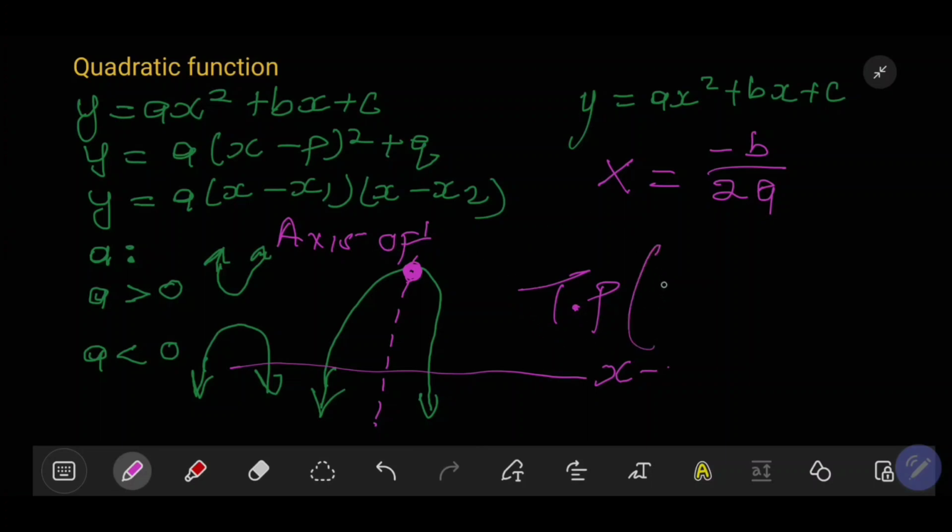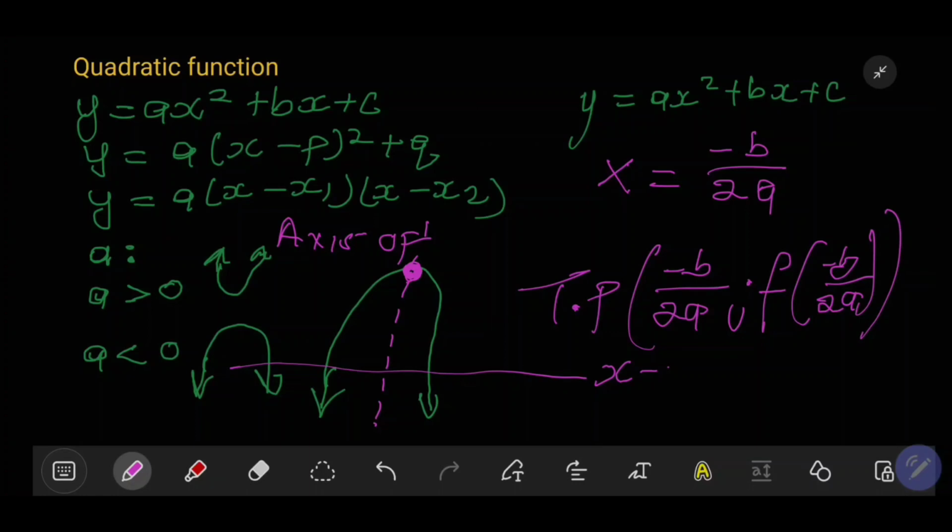So the x coordinate of the turning point is negative b over 2a, and to obtain the y value we substitute the x value into the original function. If that explanation is too much for you, you will see it when we do the application part.